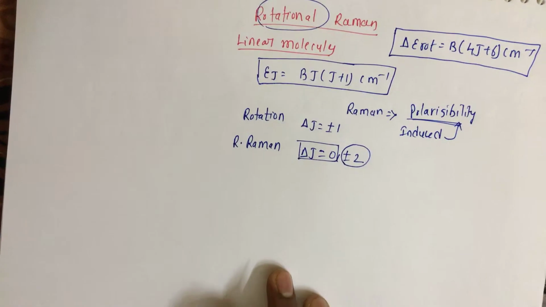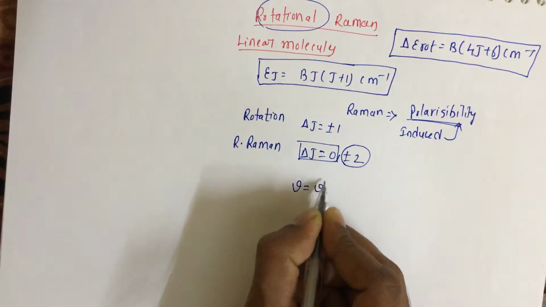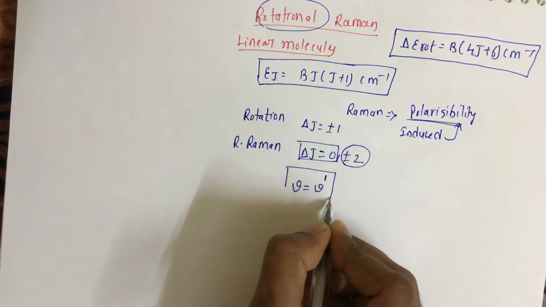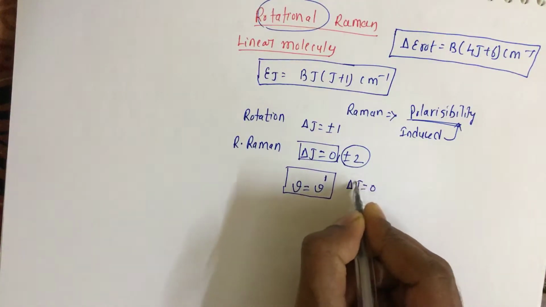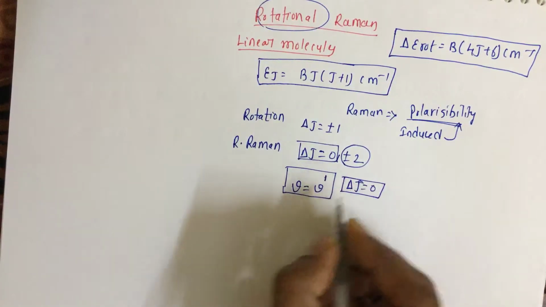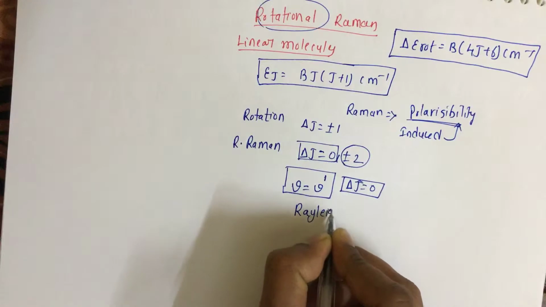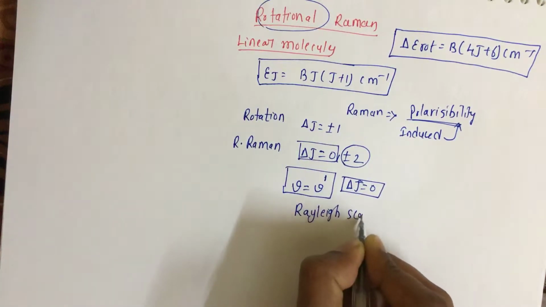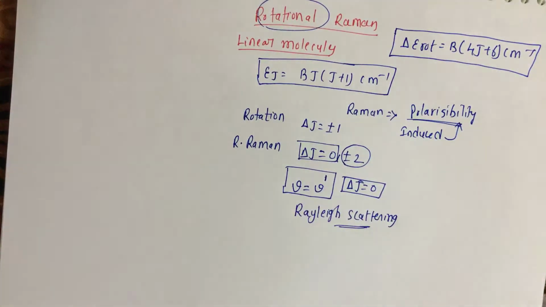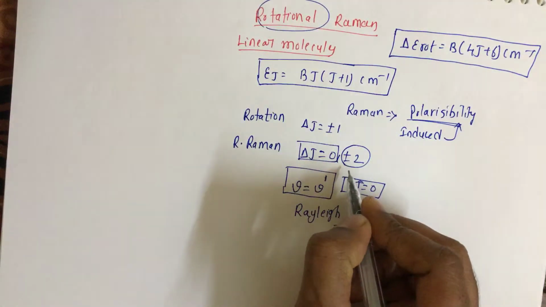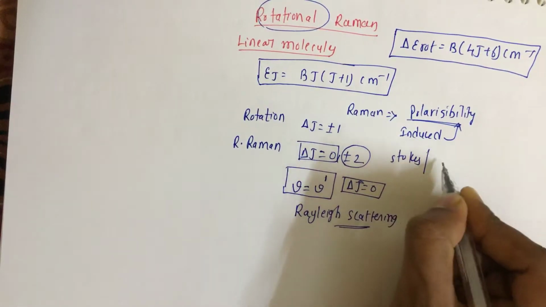Now I will explain this. When the incident radiation and the scattered radiation are the same, the delta J equals 0 selection rule applies, and this is for Rayleigh scattering. Delta J equals plus or minus 2 is for the Stokes and anti-Stokes lines.